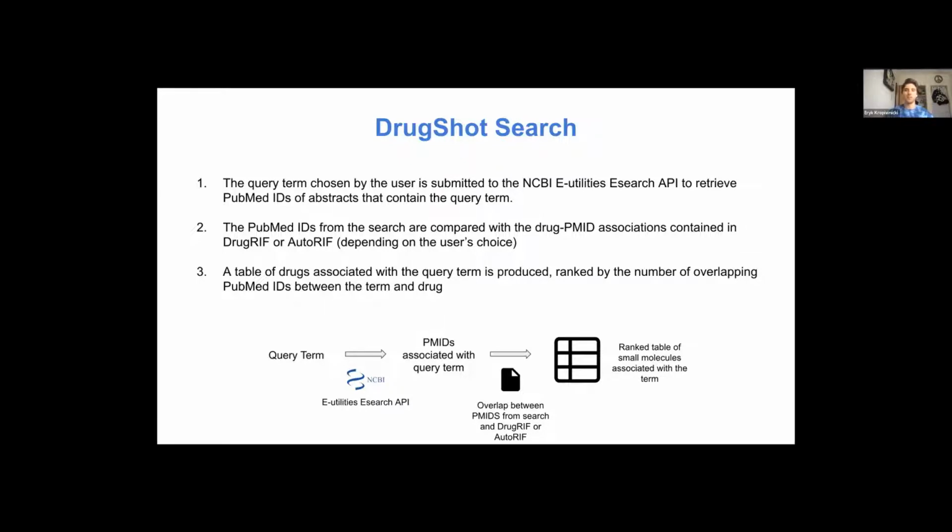Then the PubMed IDs from this search are compared with the drug to PubMed ID associations found within DrugRiff or Autoriff, which are pre-computed and can be chosen by the user. And lastly, we have a table of drugs associated with the query term that's produced, which is ranked by the number of co-mentioned PubMed IDs between the term and the drug.